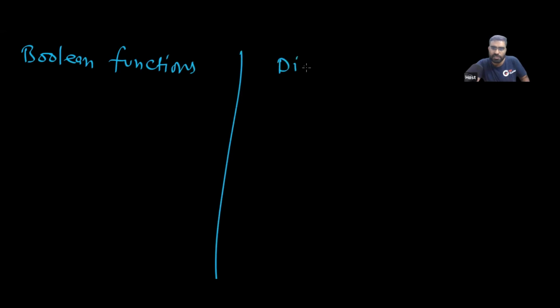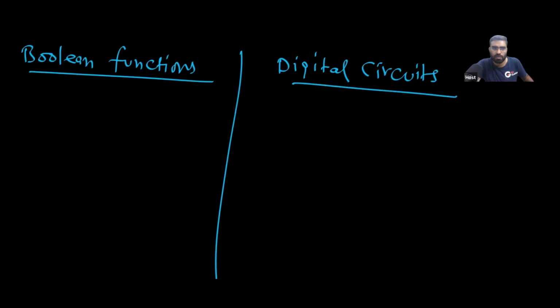So please tell me, did you understand the difference between Boolean functions versus digital circuits? Let me know. Yes or no?